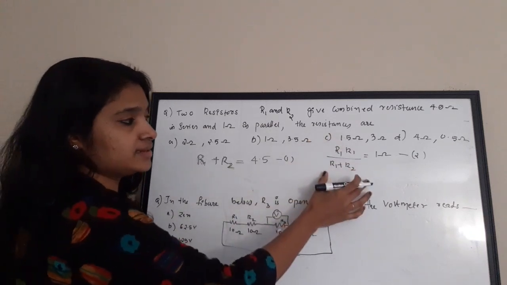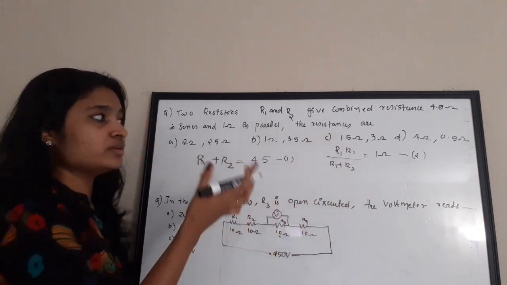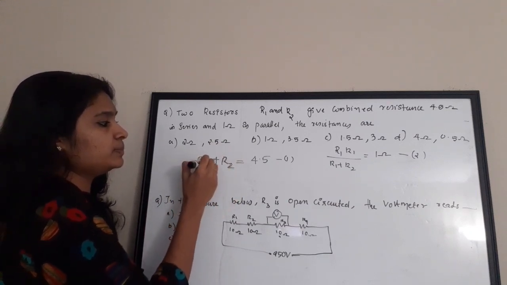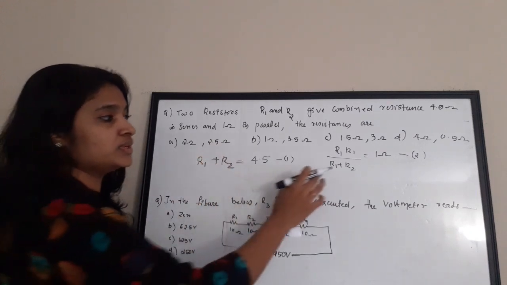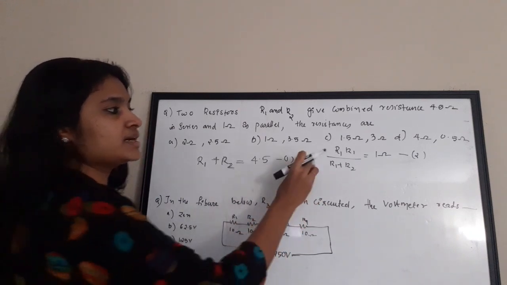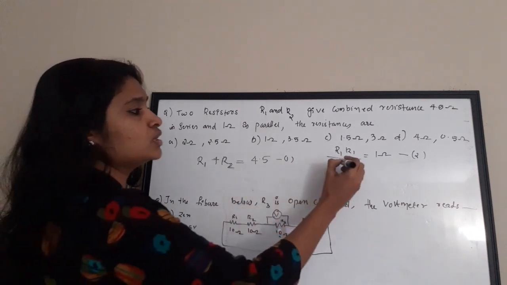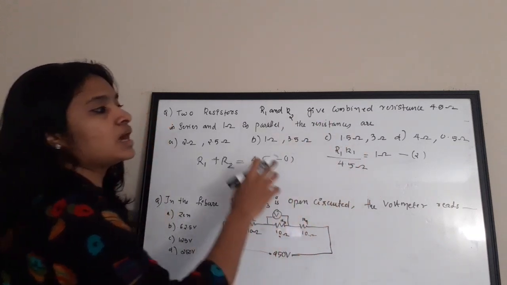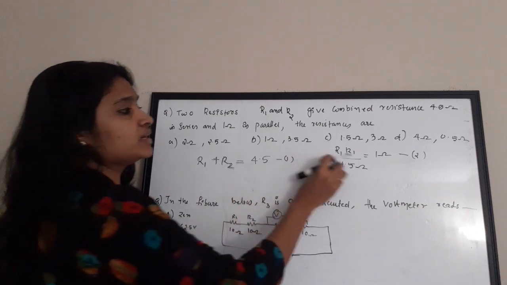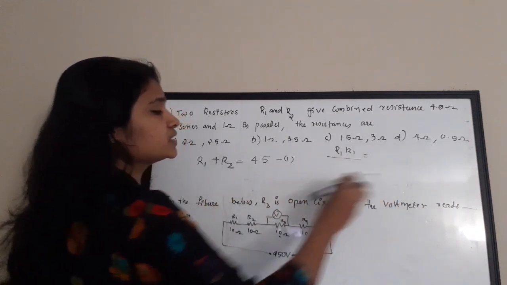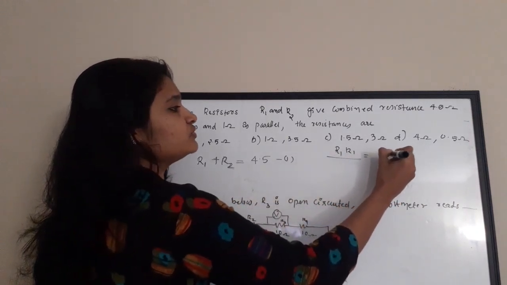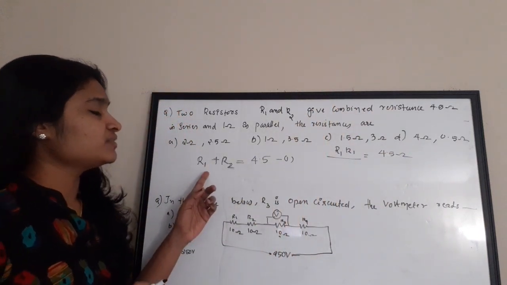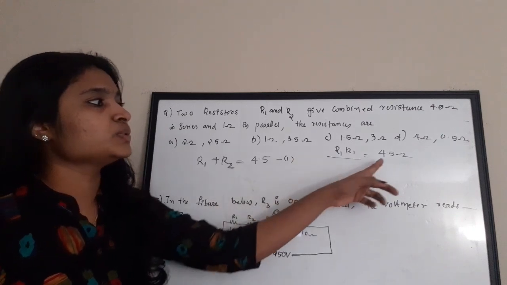Now in this second relation, R1 plus R2 is already known to you, right? From the first equation you know that R1 plus R2 is equal to 4.5. So you can replace R1 plus R2 by 4.5 ohms. So from this you can write that R1 R2 is actually 4.5 ohm. So R1 plus R2 is 4.5, and R1 R2 is 4.5.